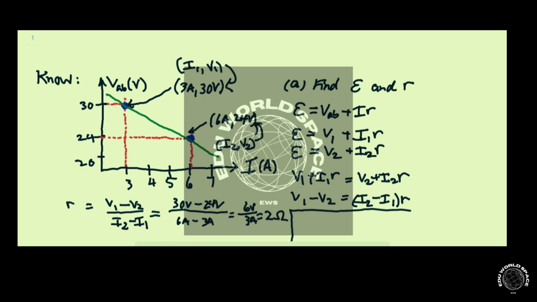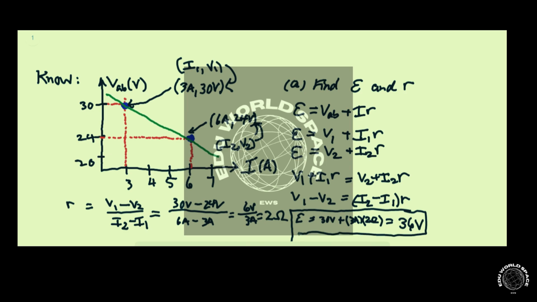So we could use either one of these equations to solve for EMF. So let's just pick the first one. So we have E is equal to V1, which is 30 volts, plus I1, which is 3 amperes, times the internal resistance, 2 ohms, and that gives us 36 volts.